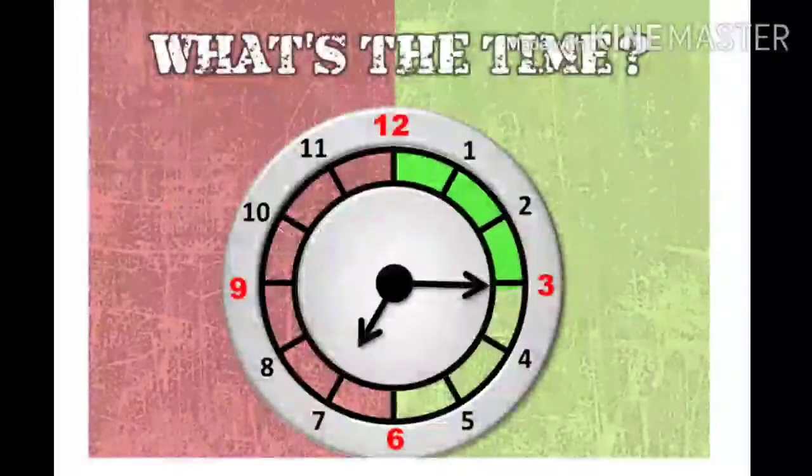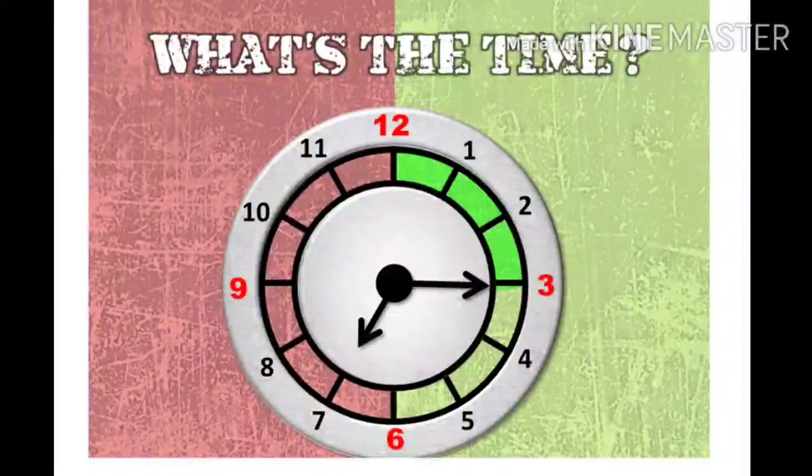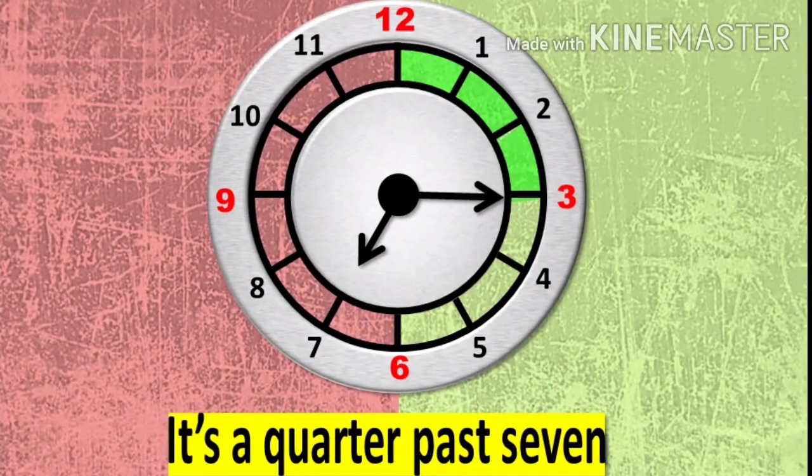Nah, jadi kita menulis menitnya terlebih dahulu, kemudian jamnya. So in here, quarter, and then parts, the hour is 7. So quarter parts 7. What's the time? It's a quarter past 7.